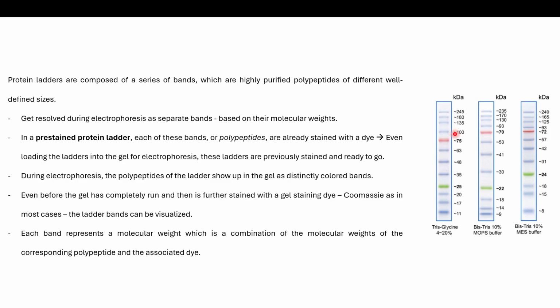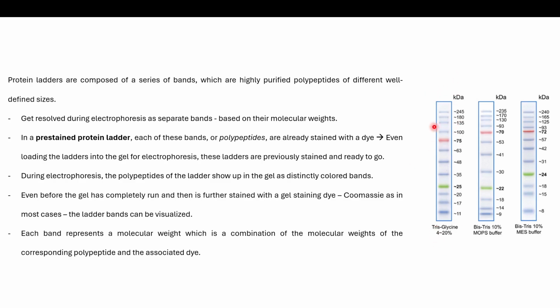Only then will you be able to visualize the whole protein ladder as well as your sample of interest. Again, all of this will depend on how good the staining solution is, and many other factors come into play in the case of unstained protein ladders, because the staining has to be appropriate as well.